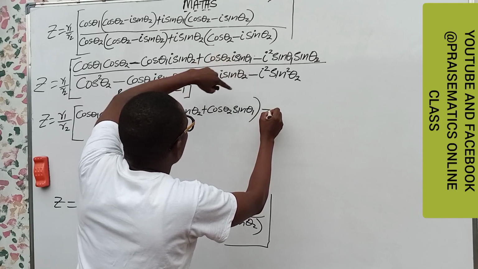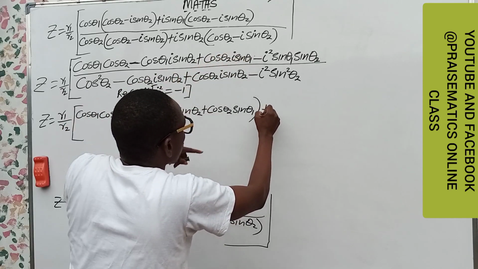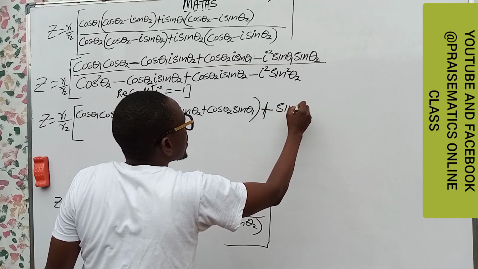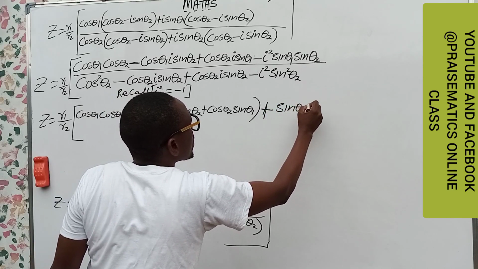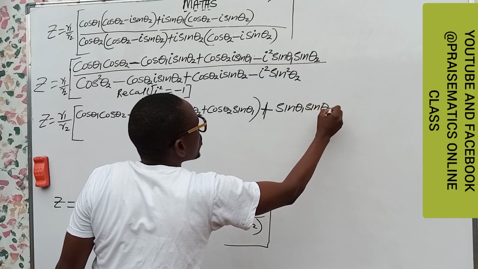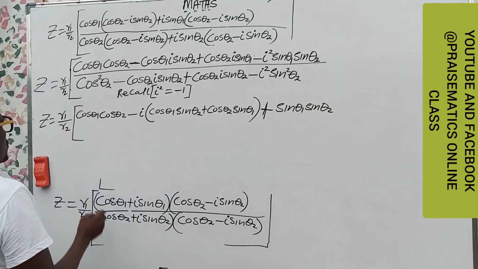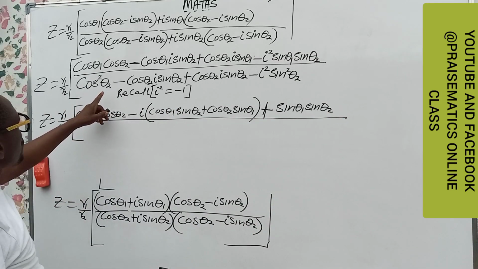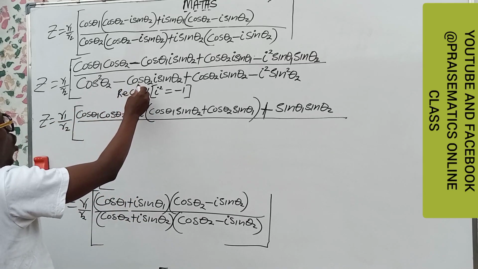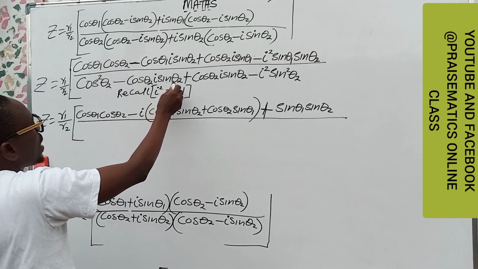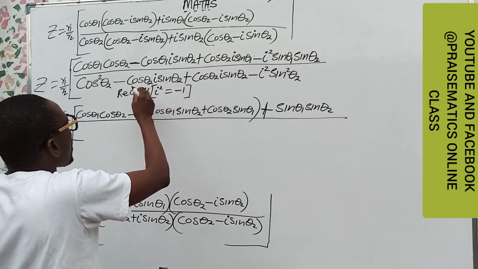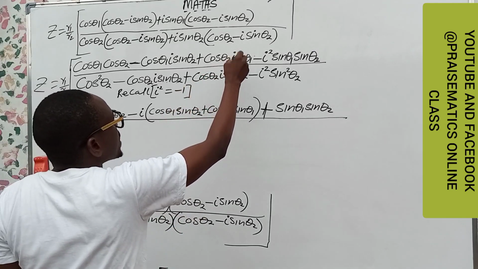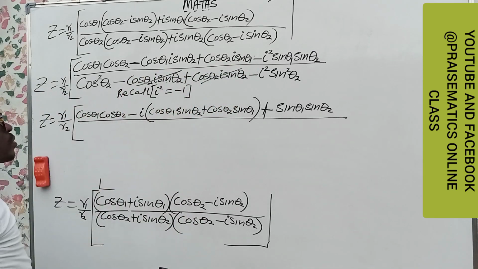Minus 1 times minus 1 will give us plus, so what we have here is plus sine theta 1 sine theta 2, all over, cos theta 2 plus i sine theta 2 minus cos theta 2 i sine theta 2 will cancel out, which is 0.